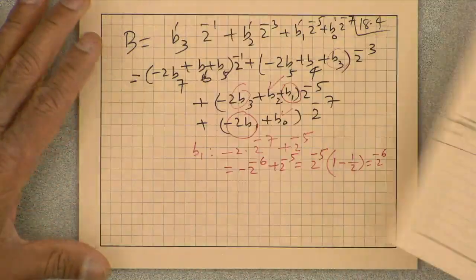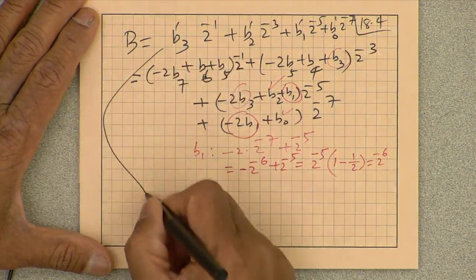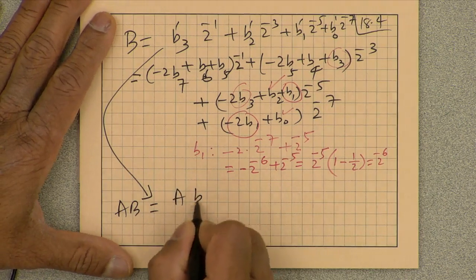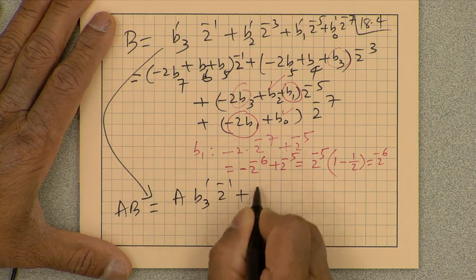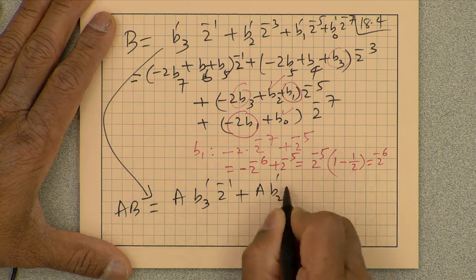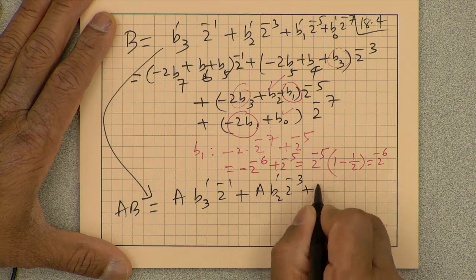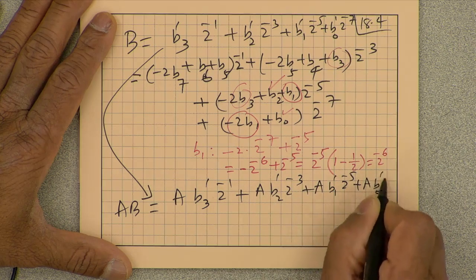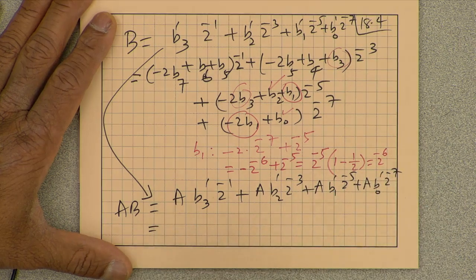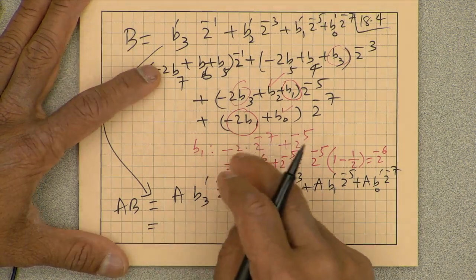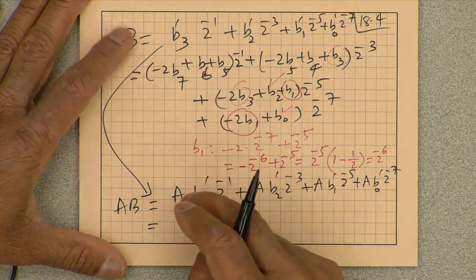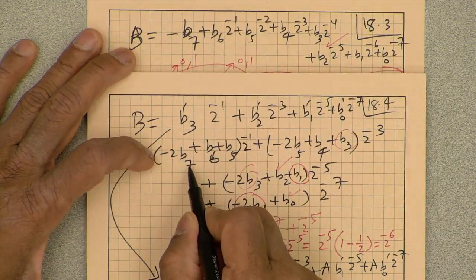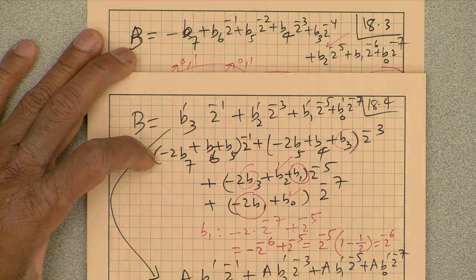So A times B can be written as A times B3 prime times 2 to the power minus 1 plus A times B2 prime times 2 to the power minus 3 plus A times B1 prime times 2 to the power minus 5 plus A times B0 prime times 2 to the power minus 7. It may be a good thing to check the last value. The last value is minus 2 B7 times half, minus B7, that matches.